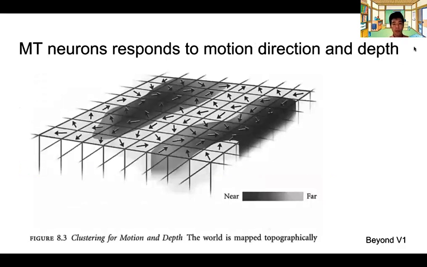All right, so then in terms of the columnar organization, I mentioned it briefly last week, but MT contains neurons with the columnar organization across the direction and also depth of the motion as well.